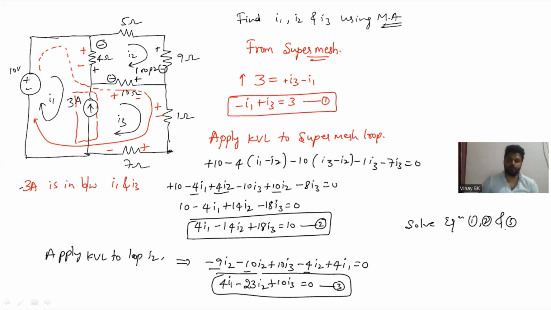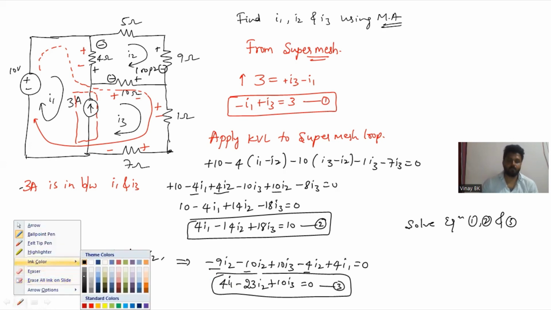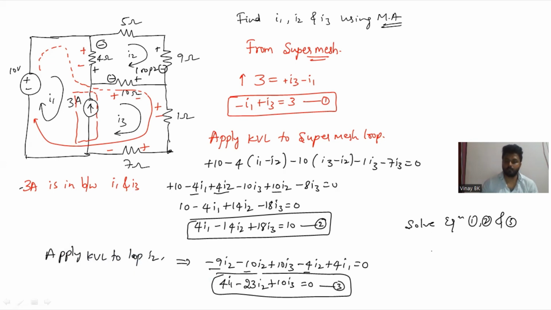Then you get the value of I1 as minus 1.909 amperes, I2 as 0.1419 amperes, and I3 as 1.0903 amperes. These are the answers.